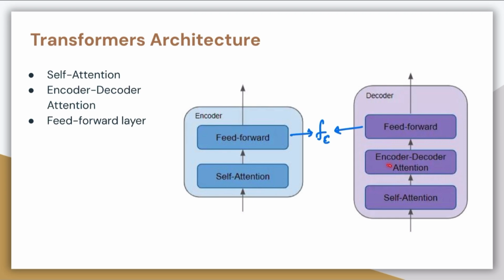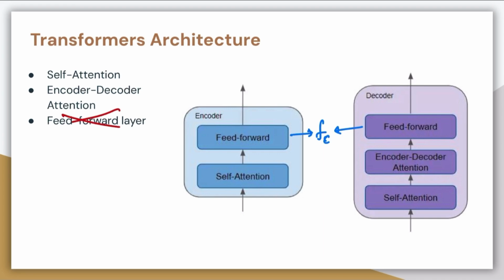So why does the decoder have an additional attention? This might be encoder-decoder attention. Previously we saw the output from the encoder goes to the decoder, right? So this module might take the input from the encoder. This is just an assumption. So in total, in the encoder and decoder, we have the self-attention block, the encoder-decoder attention block, and the feed-forward layer.